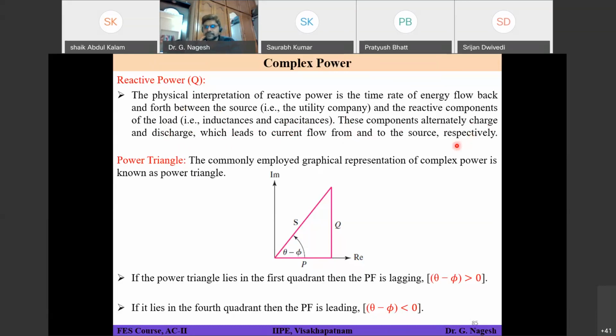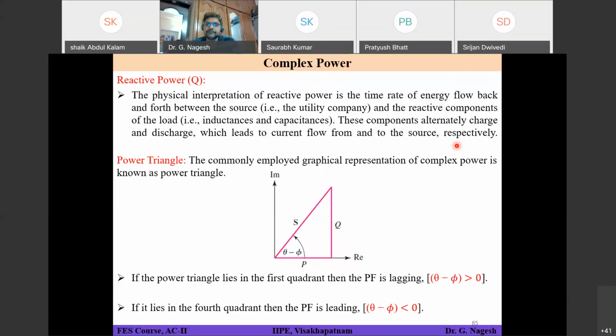So this reactive power term will come into the picture only when you have inductance and capacitance in your circuit, and it is an indication of how much power is actually transferred from source to your reactive element and back from reactive element to your source. So this is the physical meaning.